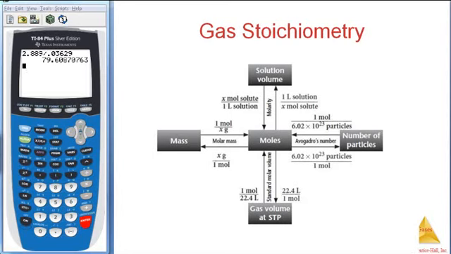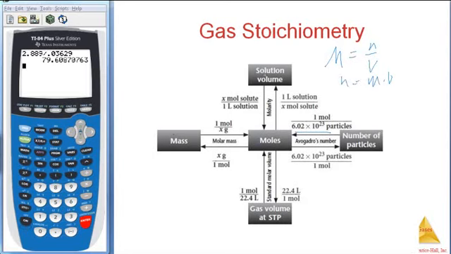Alright, so we're going to do a little bit of gas stoichiometry. So remember, we can go from mass to moles using the molar mass. We can go from moles to number of particles, atoms, or molecules using Avogadro's number, 6.02 times 10 to the 23rd. Hopefully it's ingrained in your brain now that molarity is moles over volume, so moles is molarity times volume.